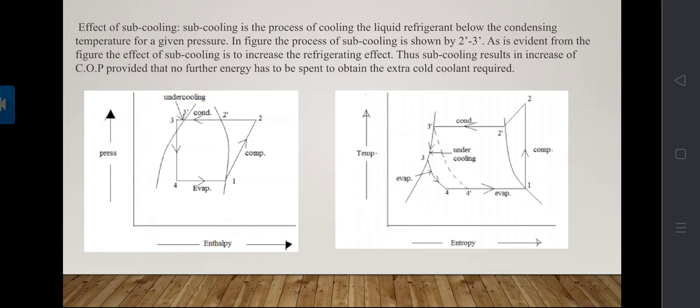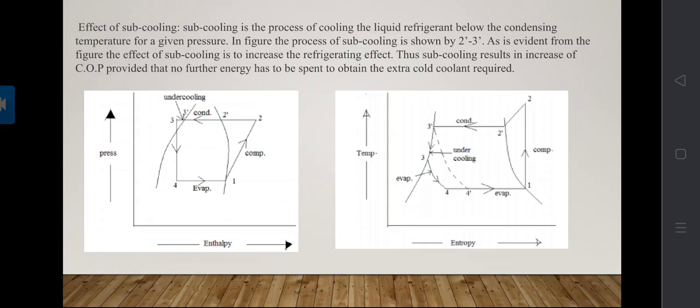Now subcooling is the process of cooling the liquid refrigerant below the condensation temperature at a given pressure. In the figure we can also see this process of subcooling, shown as 2 dash to 3 dash. As is evident from the figure, the effect of subcooling is to increase the refrigeration effect.